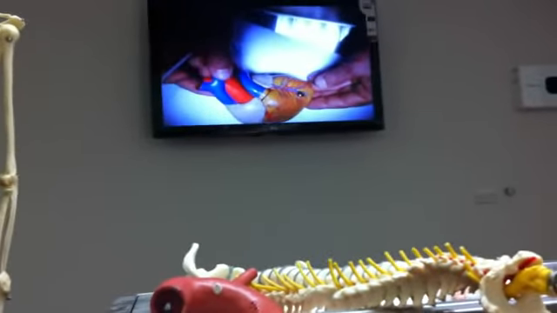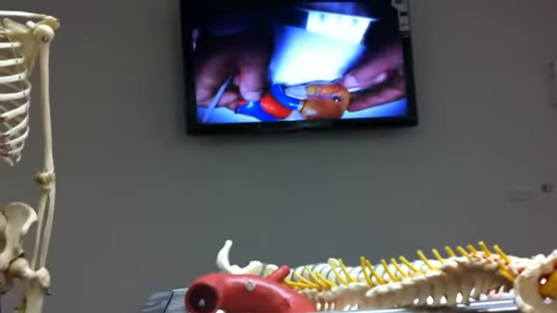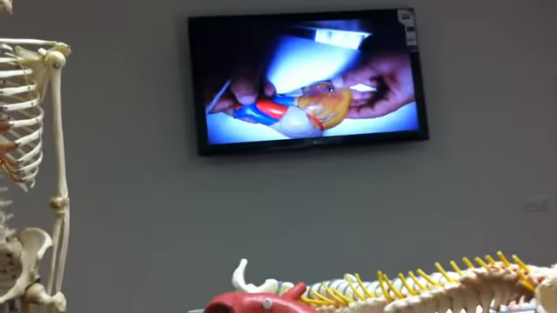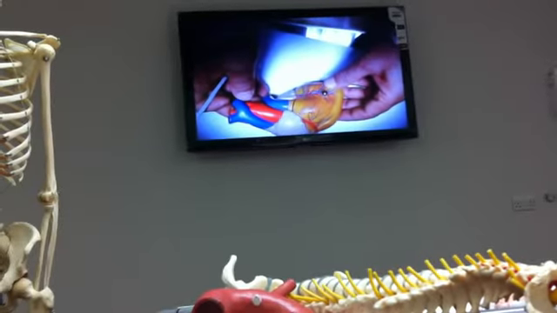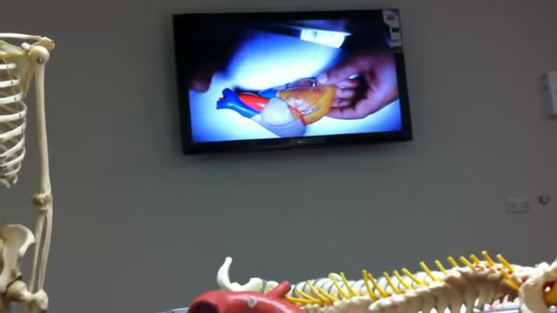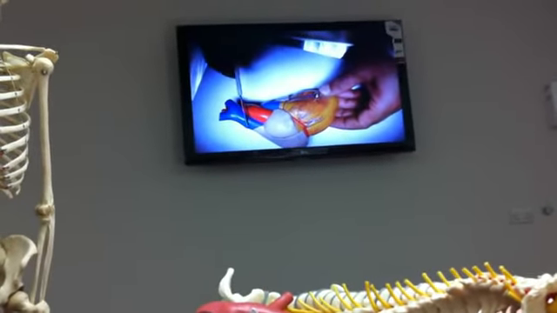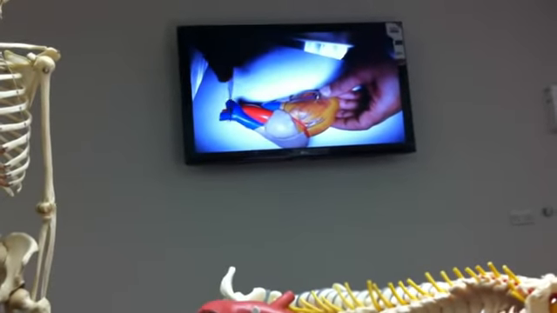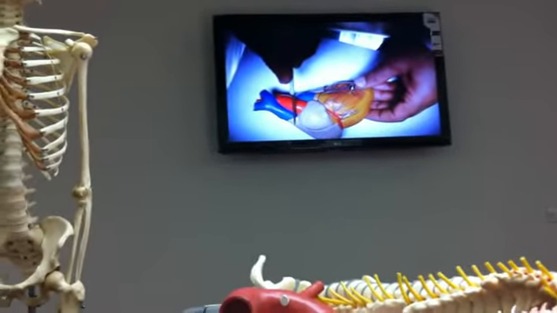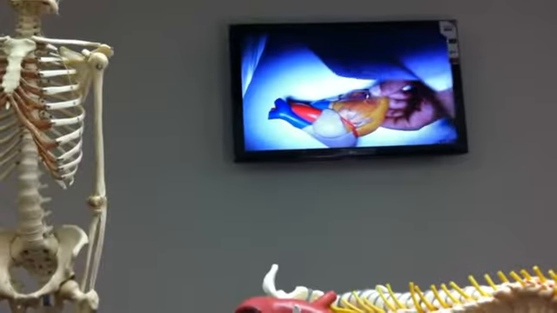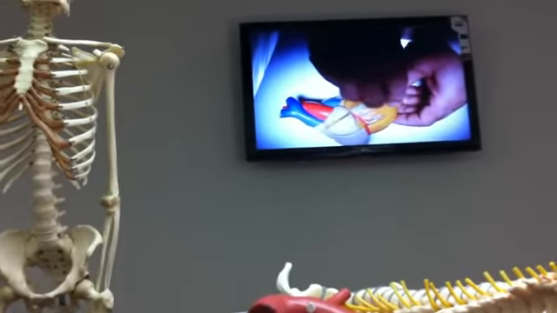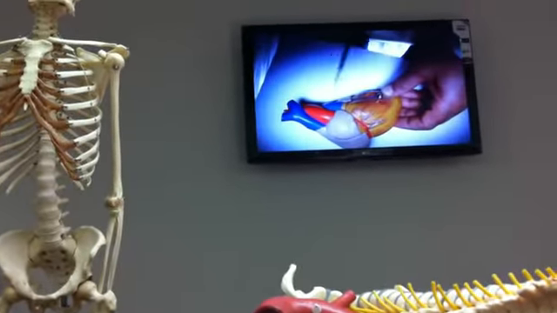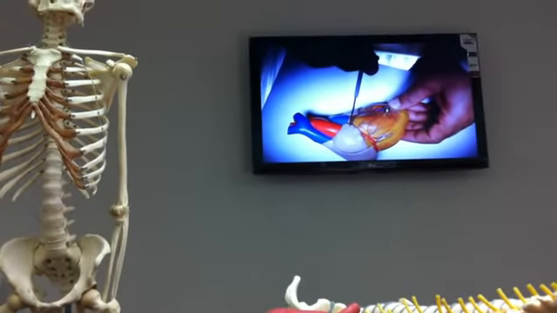Listen, please. Yes, I'll describe the external features. Here, as mentioned to you, this vein is the superior vena cava, and this is called the right atrium.